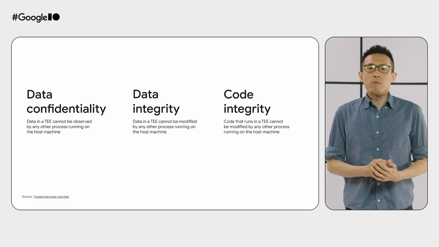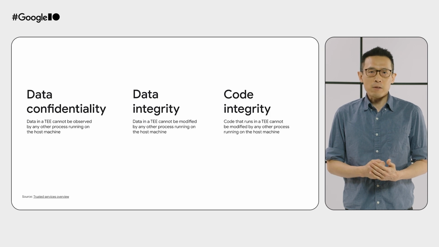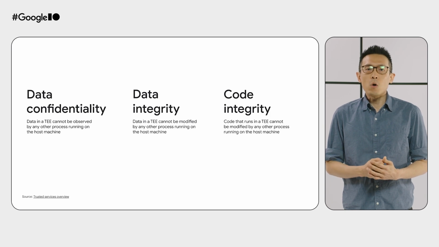A TEE provides a level of assurance in data confidentiality and data integrity, meaning data in a TEE cannot be observed or modified by any other processes running on the host machine. And code integrity, meaning that the code that runs in a TEE cannot be modified by any other process.